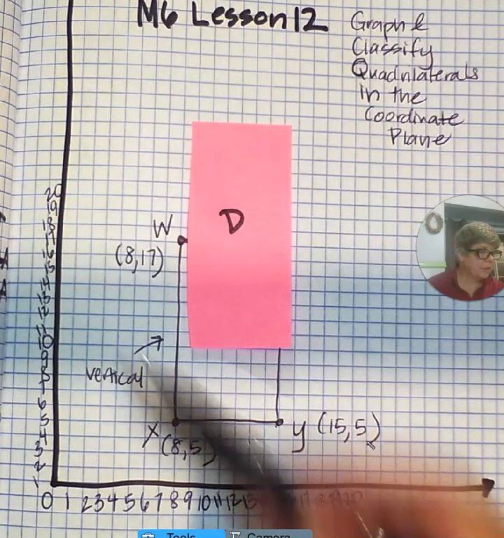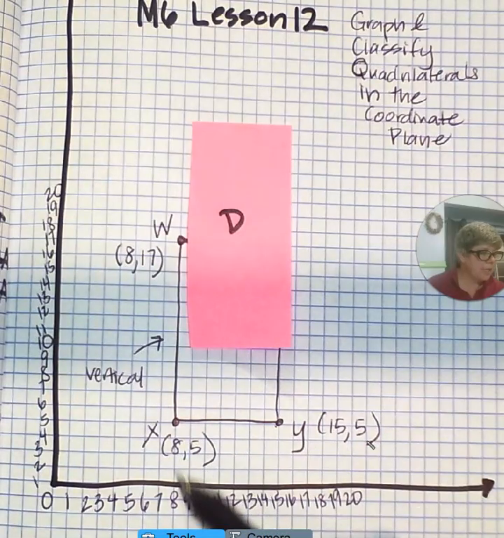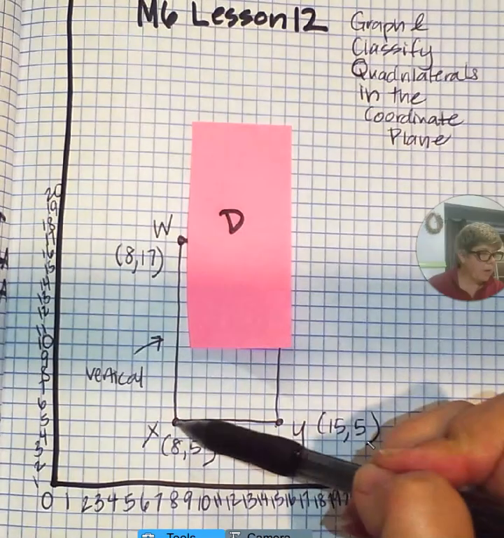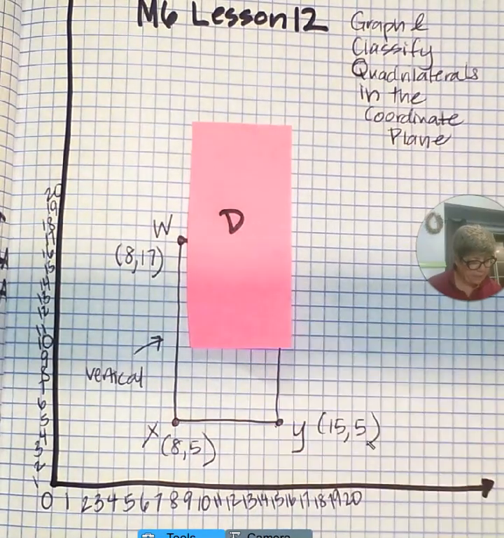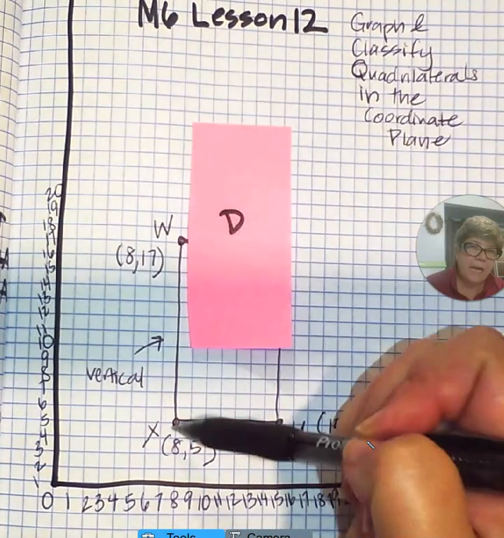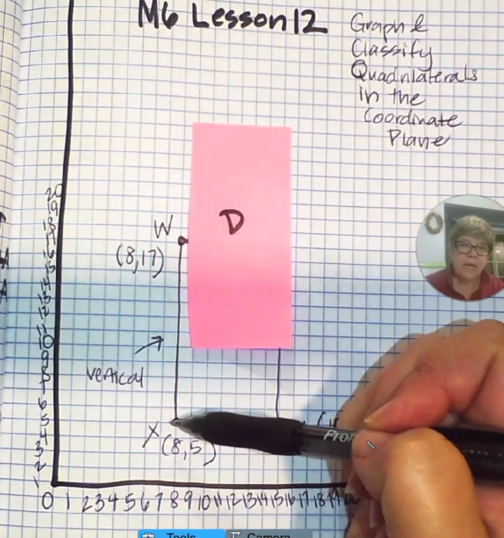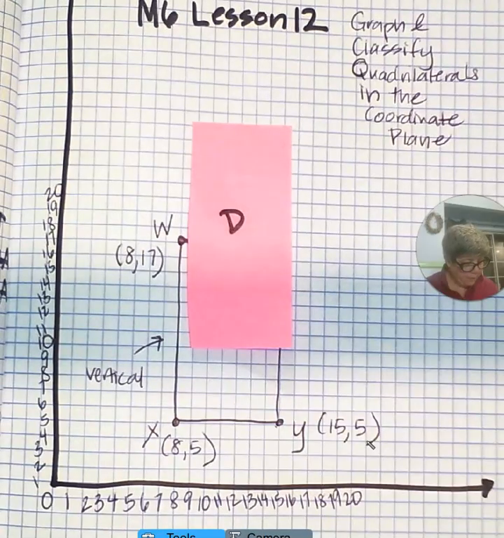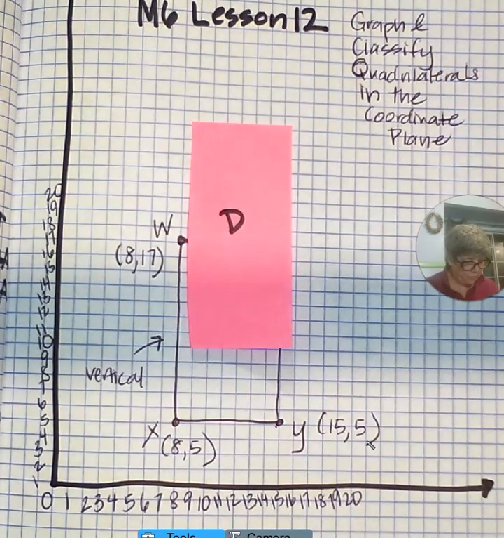The 8s are both the same because it is on the 8, right? But different because we have a Y of 5 and a Y of 17. Very good. What is the length of WX? Well, if it ends at 17 and it starts at 5, 17 minus 5 is 12, so our length would be 12. We could count, but we can also subtract, right?